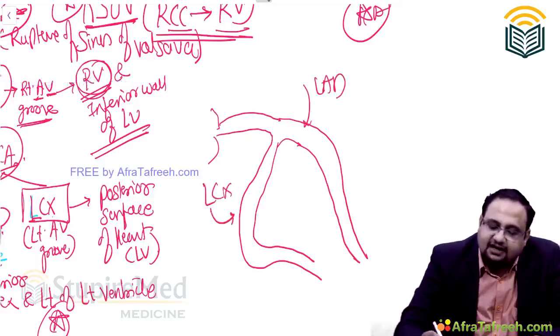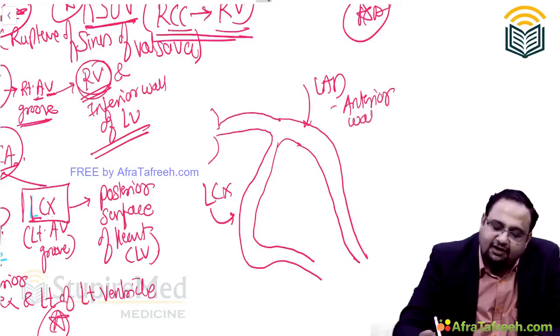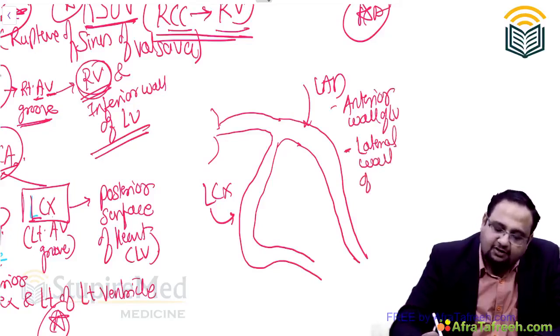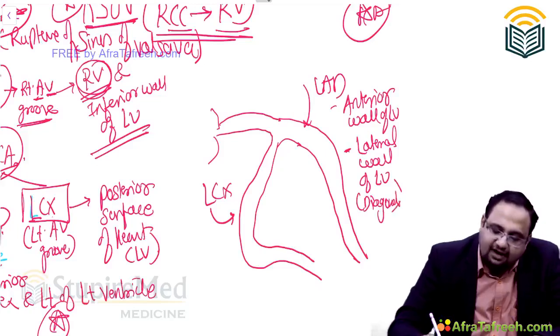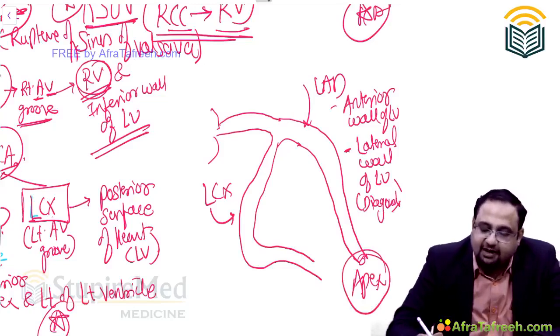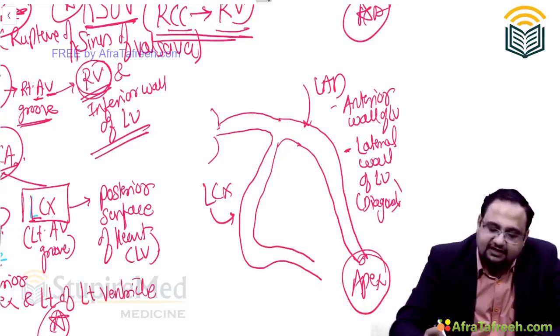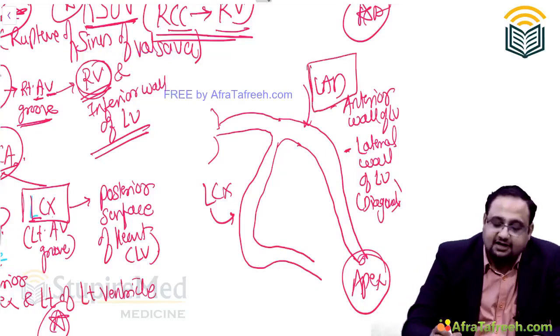The left anterior descending artery supplies the anterior wall of the left ventricle. It supplies the lateral wall of the left ventricle through diagonal branches. I'll come to it, diagonal branches. And it also supplies the apex part, the muscular part. So the left anterior descending artery is very important.